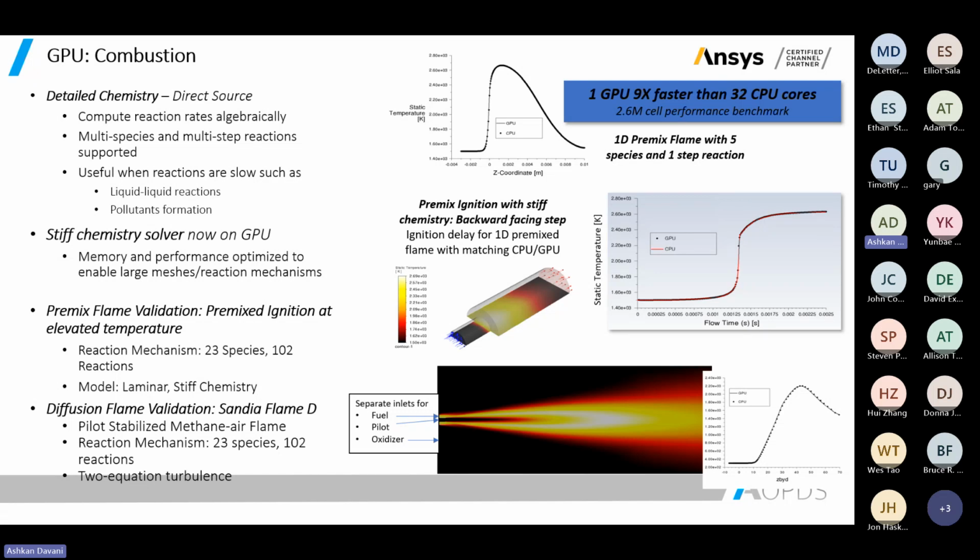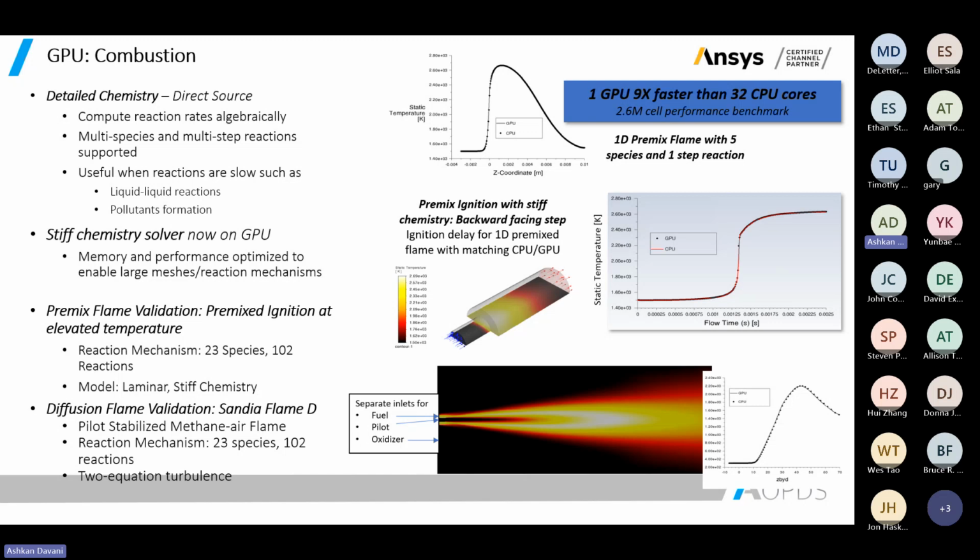It automatically computes the reaction rate algebraically, and you can have multi-species, multi-step reactions, which makes the model more realistic to the actual case. When we start with single-step or very simplified reactions for different purposes, that's fine, but in actuality we can now use a multi-species mechanism, which gives us, of course, better control over the reaction and more insight in general.